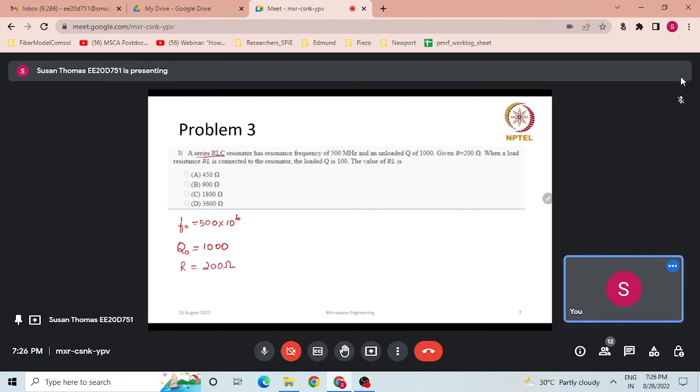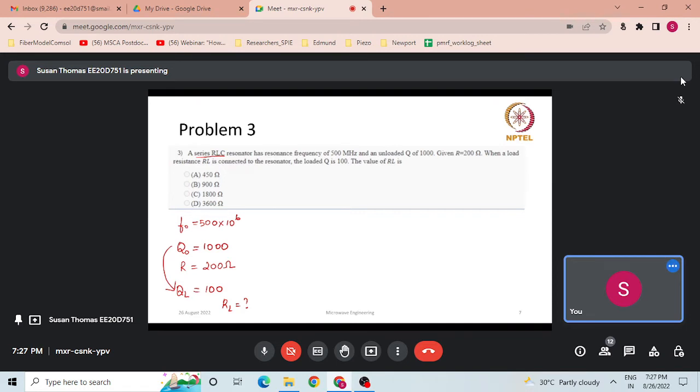When a load resistance RL is connected to the resonator, the loaded Q factor is 100. So to a series RLC, a load RL is connected and now the loaded Q factor QL is 100. The question is, what is the value of RL which makes this Q factor go to 100? Let us try to evaluate this.